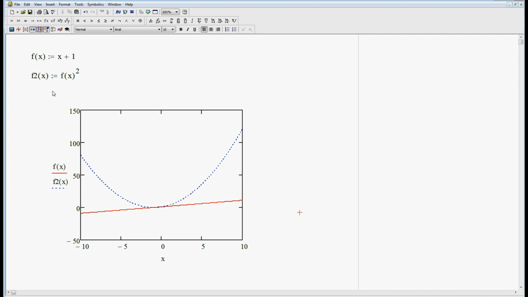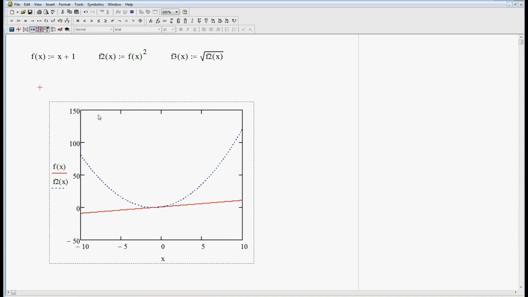Well, what would the square root of f2 look like? Let's just call f3 the square root of f2. In fact, let's move these around here to keep things tidy. What I can do here is I can go up and just clean that up. There we go.